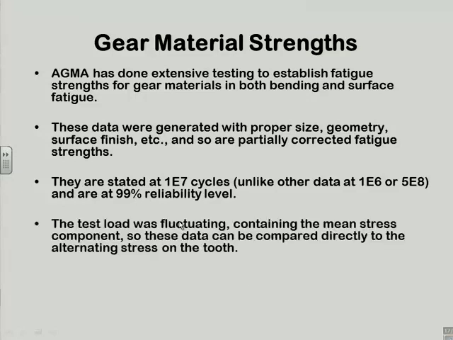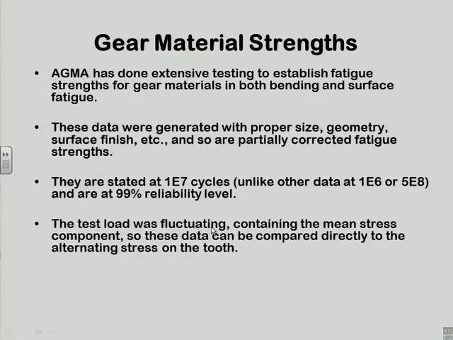So already they've done this at 99%. So if you want to be more conservative than that, there's a table of numbers that lets you pull it down for 99.99% if you want. Or if you want to live dangerously, you can go back to 50% and increase the strength. And those numbers are all provided by AGMA.